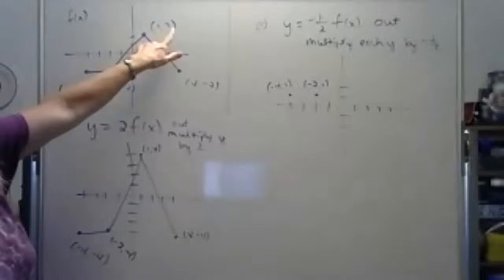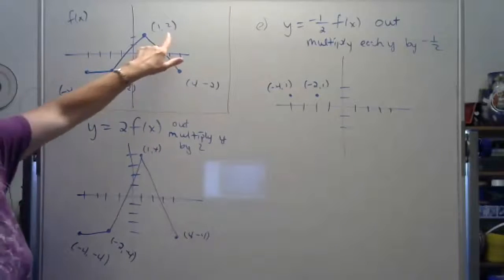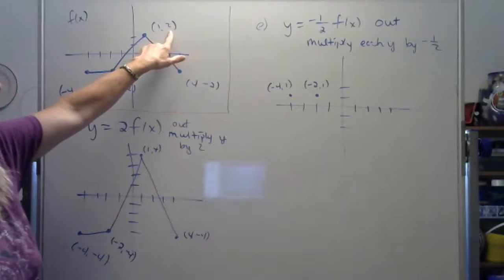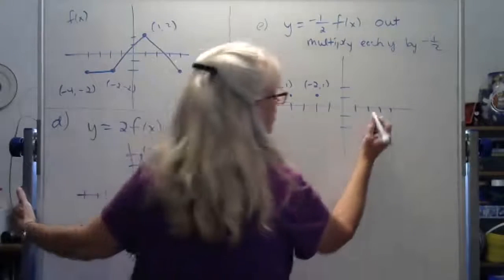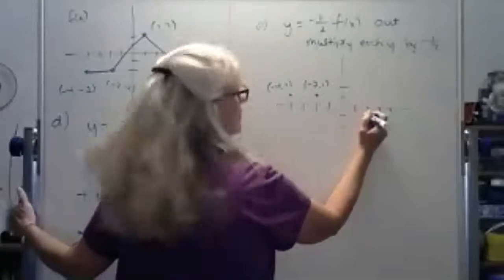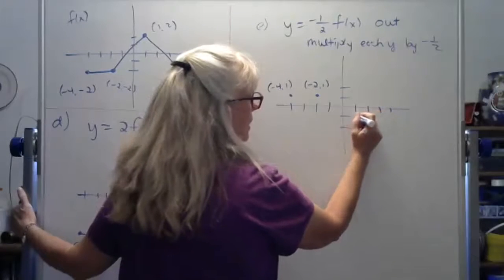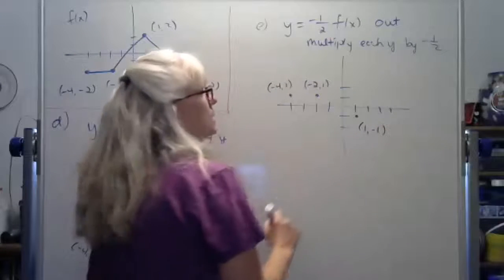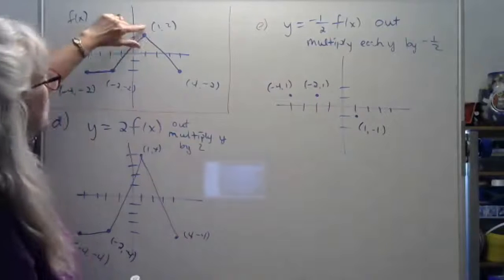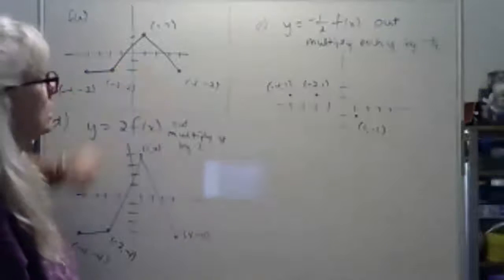The point that was at 1, comma 2, we're still going to use our 1, but if I take that positive y value of 2 and multiply it by the negative 1/2, we're going to end up where? So 2 times the negative 1/2 is a -1. So we're going to end up at 1, -1. So that's this point here getting transformed down here.